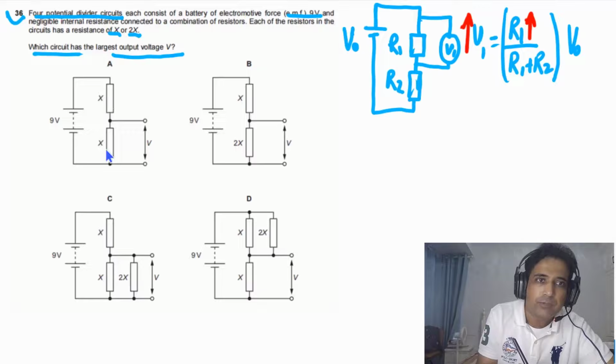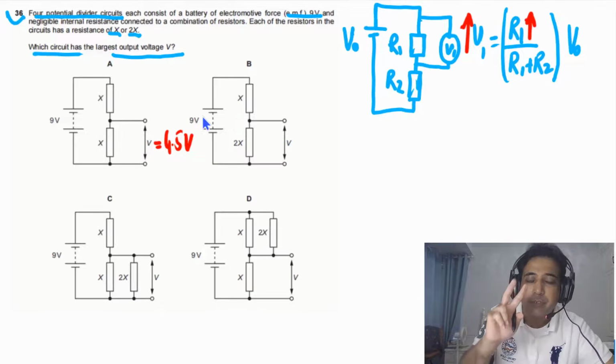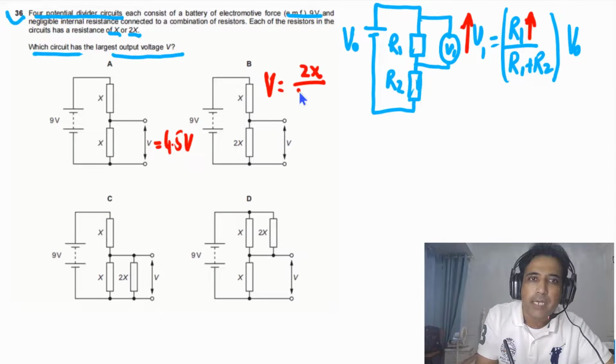In this case, we have X here, so it means R divided by 2R, so this value will be half of V0, meaning the same PD across this one and this one, so this value will be 4.5 volts. And in this case, we have 2X and this is X, so this PD will be divided into 3 parts. We can also use this formula, so V will be equal to 2X divided by X plus 2X, multiplied by 9.